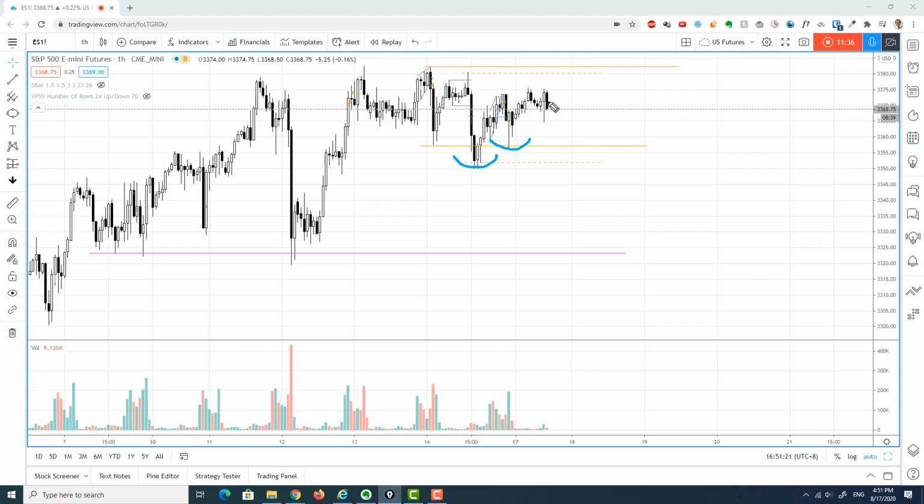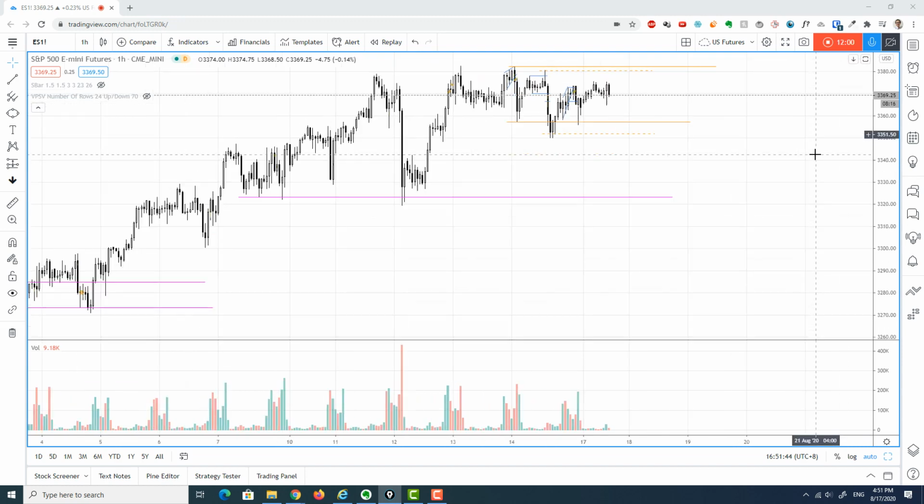So pretty much still in a relatively tight range. And if the supply absorption process is going to be successful, then definitely we'll see a breakout with a commitment to the upside, and then eventually we'll go up to test the all-time high near the 3400 level.